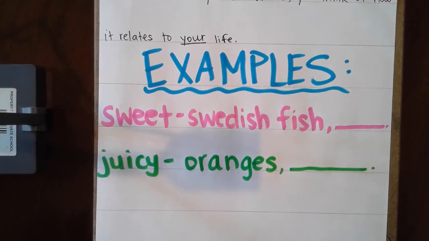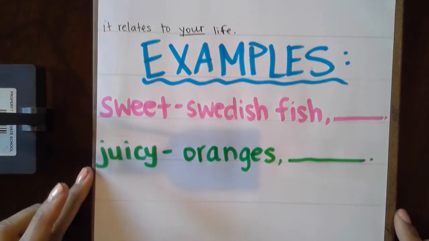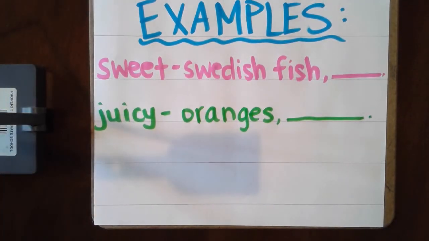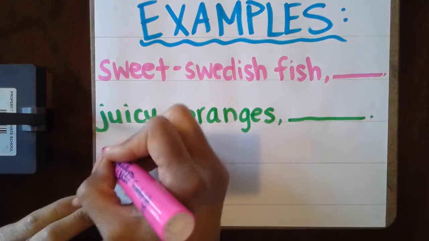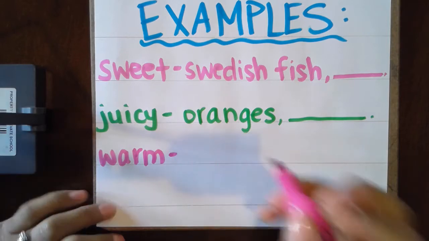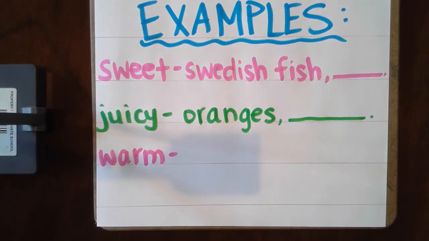Okay? The next example we're going to talk about for a real life connection word is warm. Now think of what warm means to you. I have an example that I'm going to show you. Warm reminds me of a warm, fuzzy blanket.